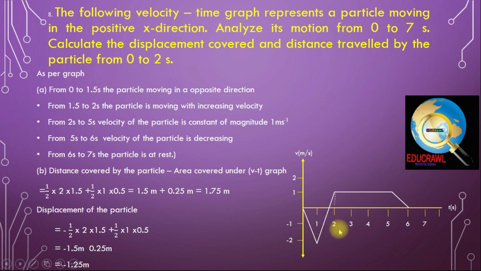From 0 to 2, you can find two triangles in my diagram. If you follow my pointer, this is the first triangle and this is the second triangle. The second triangle is just a small one. So the area covered by the particle is the area of the first triangle plus the area of the second triangle. The area of a triangle, you know the formula, is half into base into height. First triangle: area is half into the base value.